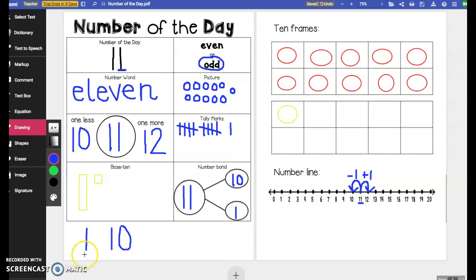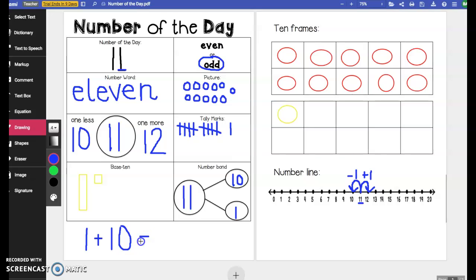So at first, there's just one bird sitting on the tree. Picture that in your head. Maybe it's a bluebird sitting on a tree. The next thing you know, 10 more birds fly onto the tree and join him. So am I joining these numbers or am I separating? I'm joining, right? Because now those birds joined the first one. So I'm going to join. I know that I'm going to add.